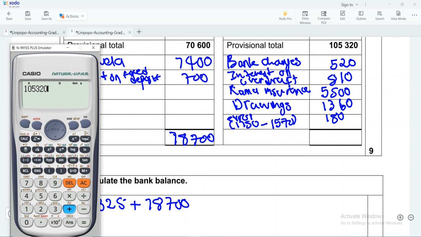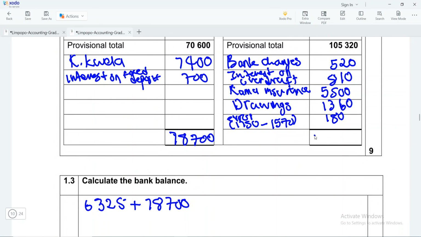Then we're going to say plus 520, plus 810, plus 5,500, and then also plus 1,360, and then plus 180. We are getting 113,690. Okay, so this is the total that we have here.